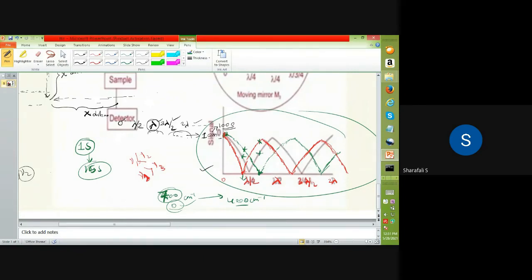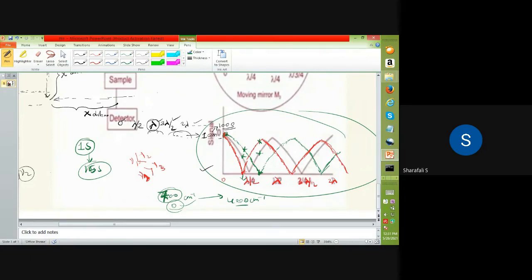That is the main difference between FTIR and conventional infrared spectroscopy, because FTIR will give you the spectra within 1 second. Not in 1 second exactly: it will evaluate within 1 second, and give you the spectra within 15 to 20 seconds.